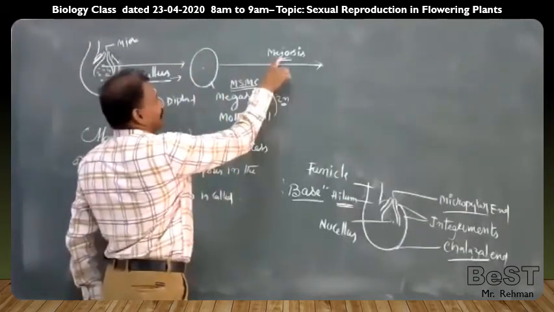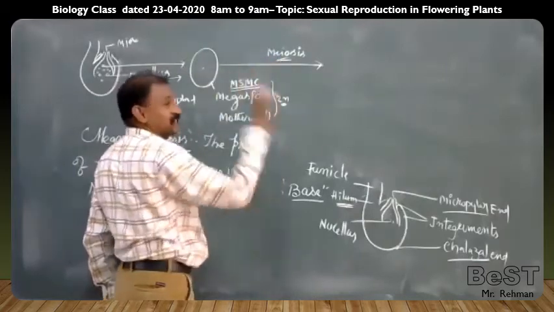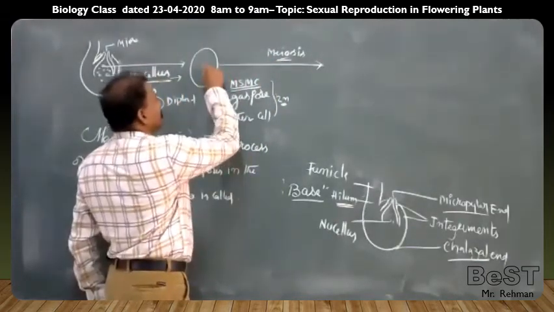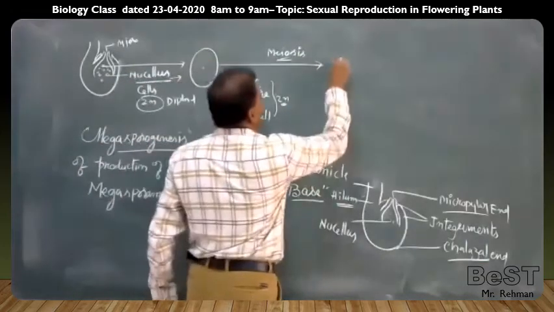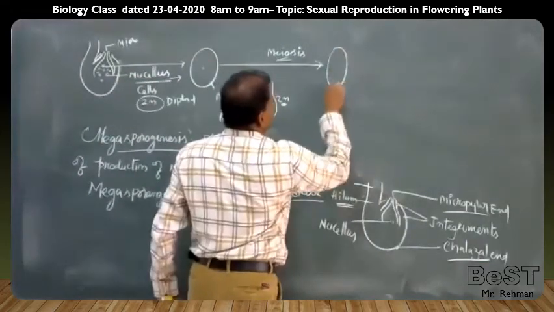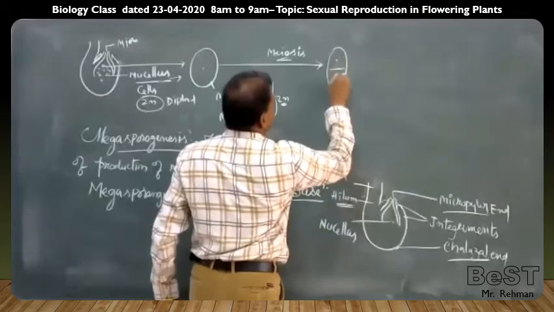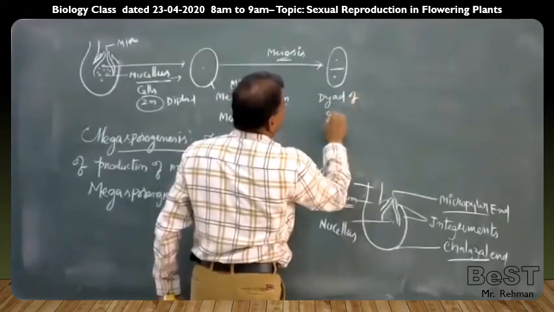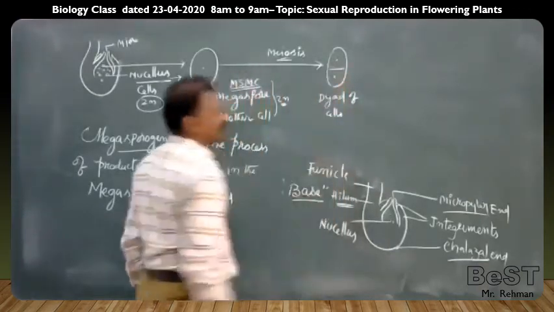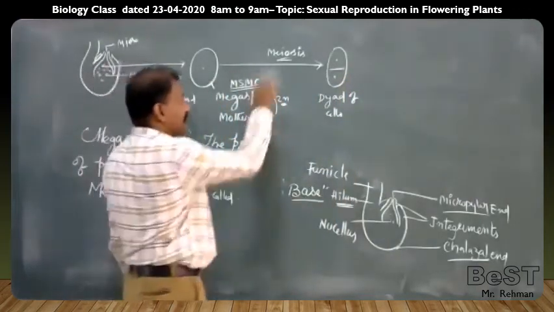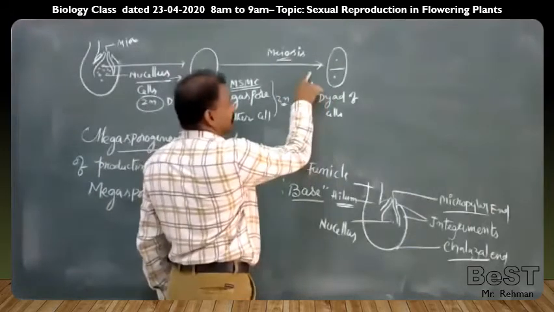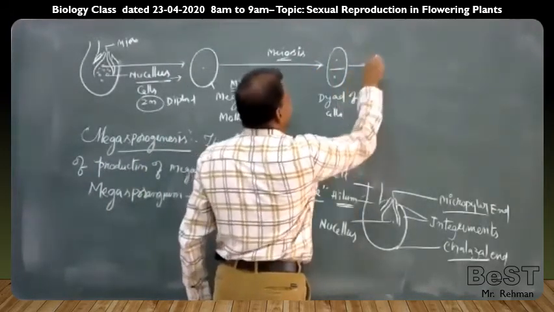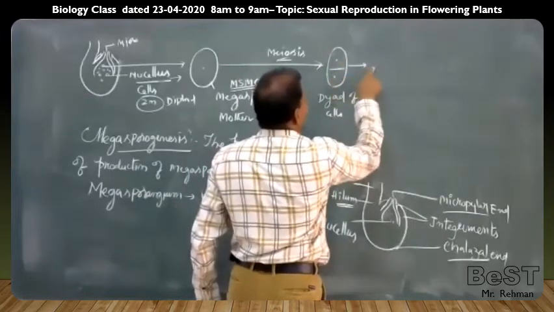Now it undergoes meiosis. Meiosis means reductional division. In the first reductional division, this nucleus divides into 2. Here it forms a dyad of cells, meaning 2 nuclei, 2 cells. Meiosis is not over. First division, second division, that is meiosis 1, meiosis 2.